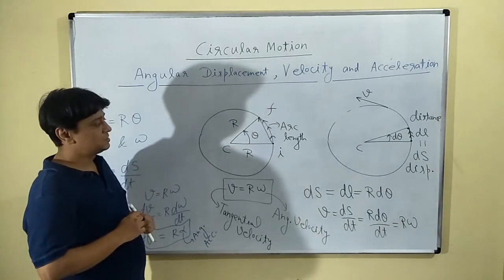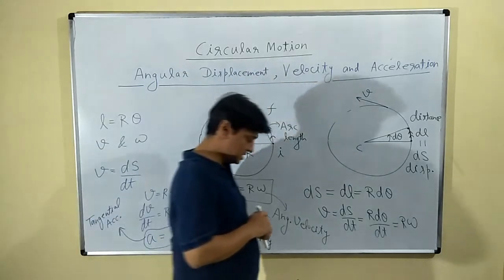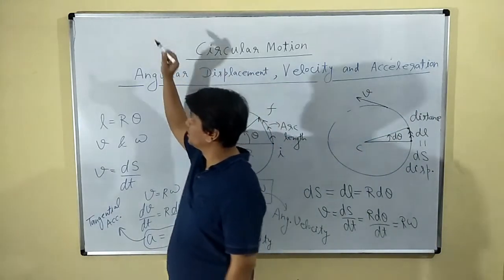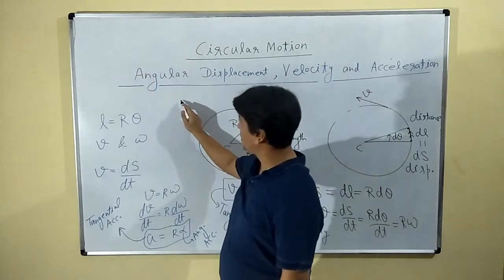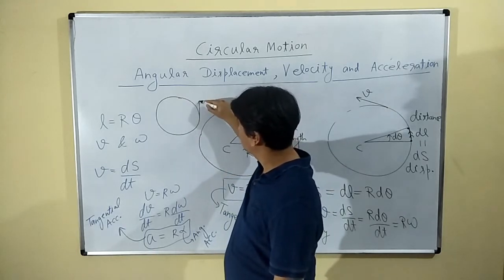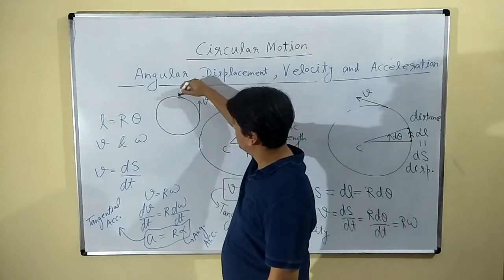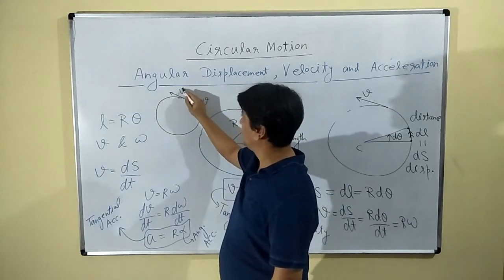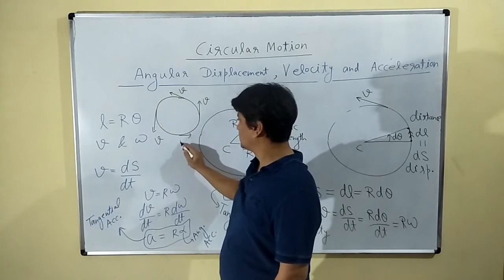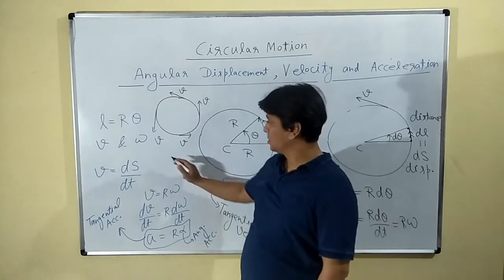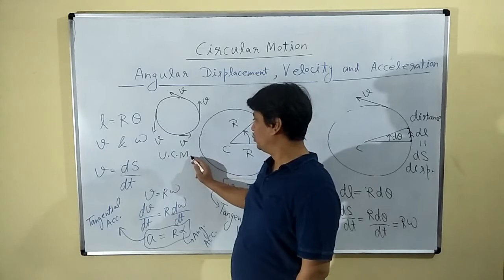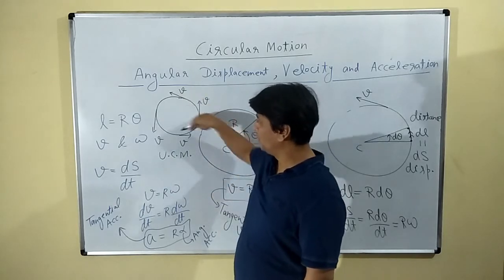Suppose somebody has defined a uniform circular motion like this, in which velocity magnitude is same throughout. Uniform circular motion. Magnitude of velocity is what?